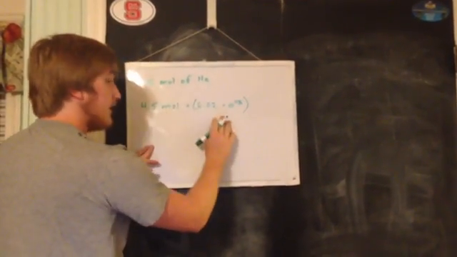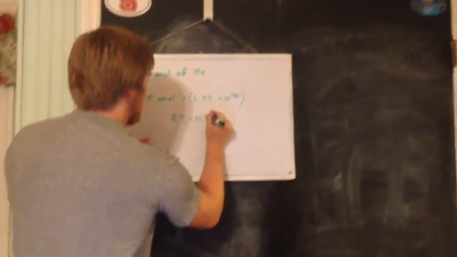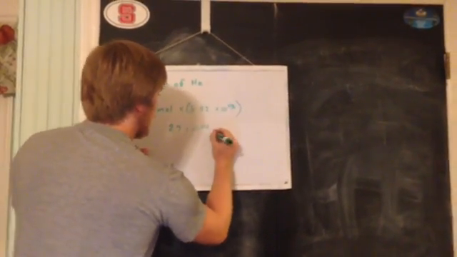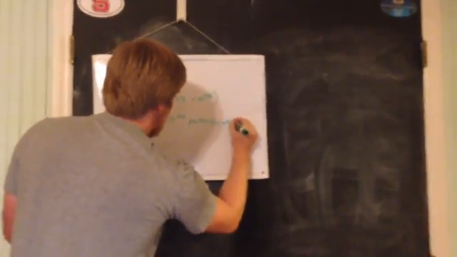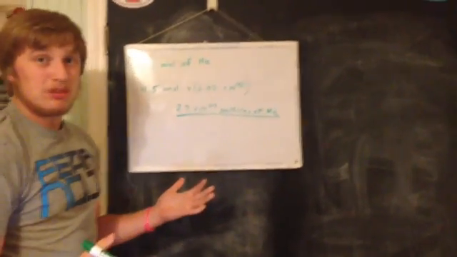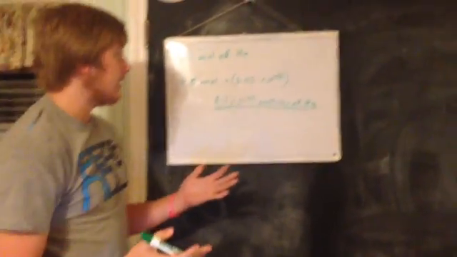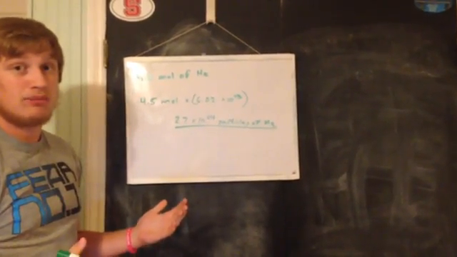This answer is about 2.7 times 10 to the power of 24 particles of helium, and this would be your answer. So it's not extremely complicated, but you could mess up here by not putting your parentheses around, and that would mess up the whole entire problem.